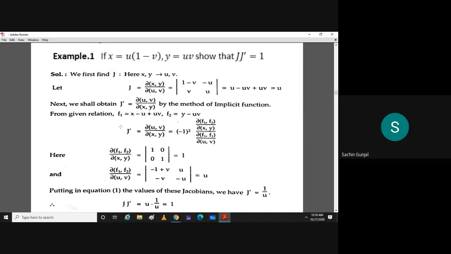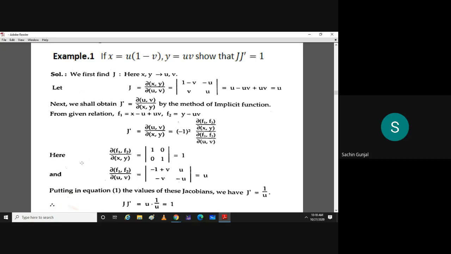So f1 is x minus u plus uv, f2 is y minus uv. Now by the previous rule, Jacobian of uv with respect to xy is (minus 1) square times Jacobian of f1, f2 with respect to xy, whole thing divided by Jacobian of f1, f2 with respect to uv.